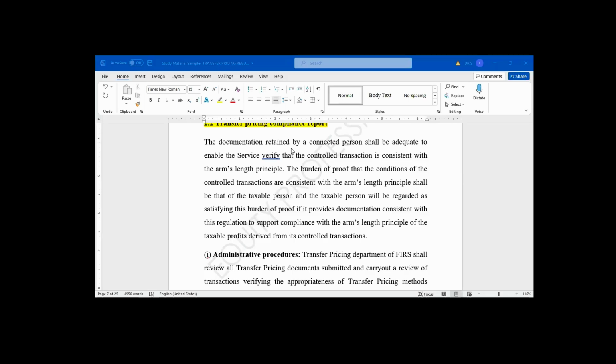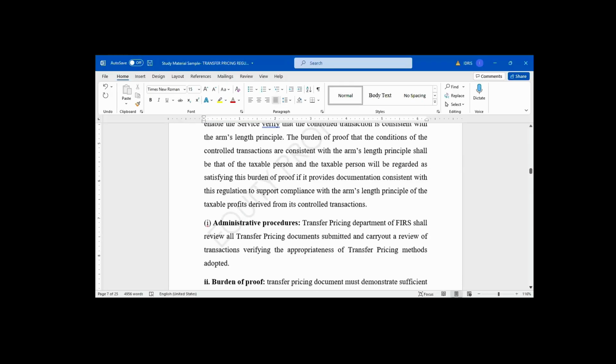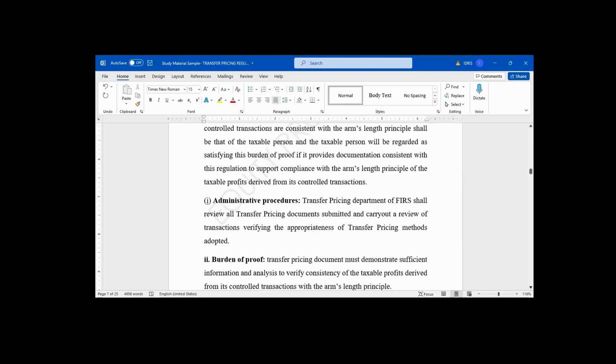The burden of proof that the conditions of the controlled transaction are consistent with the arm's length principle lies with the company. This transfer pricing compliance report, we can look at it in two ways. Number one, administrative procedure. The transfer pricing department shall review the transfer pricing documents submitted and carry out a review of the transaction.